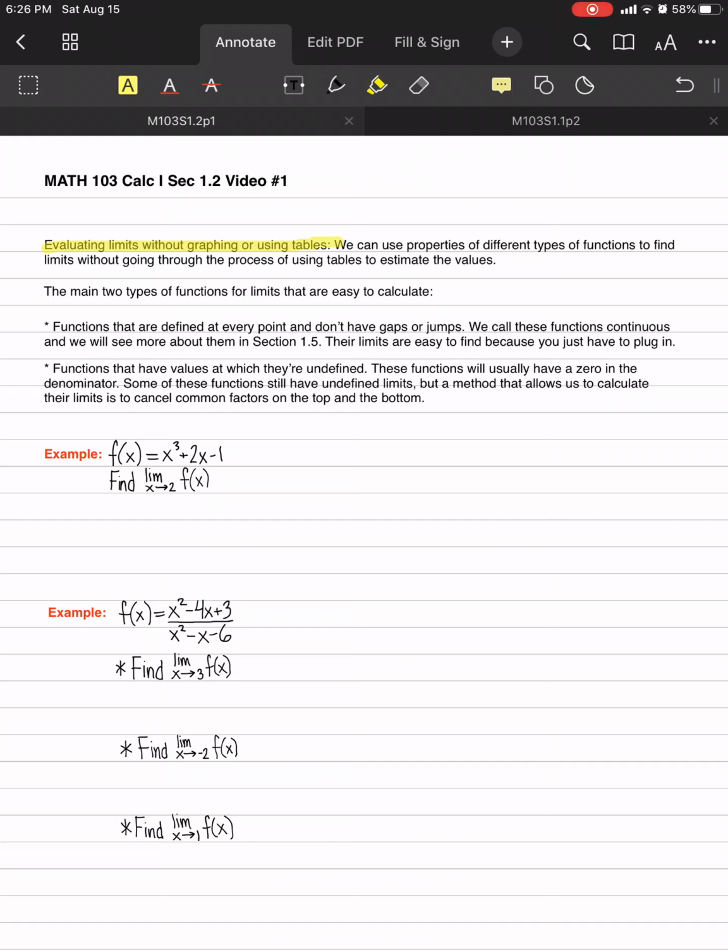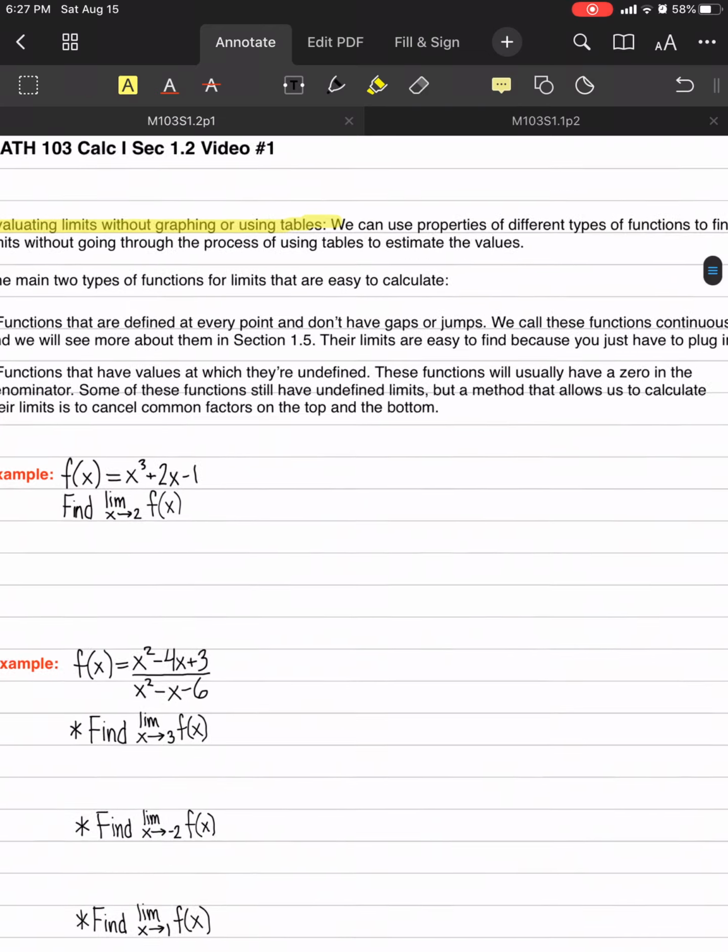They are mentioned in your textbook in this section, but in this video we're not going to talk about all of them. We're going to talk about the two that have the limits that are the most easy to calculate. And one of these we're sort of going to get ahead of ourselves a little bit, and I'll start off with that one. Okay, so these two main types.